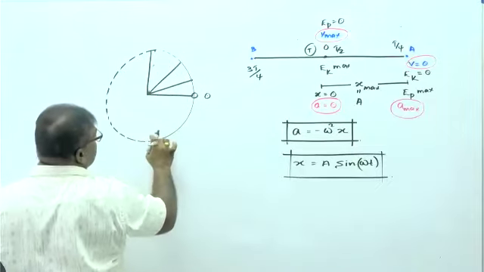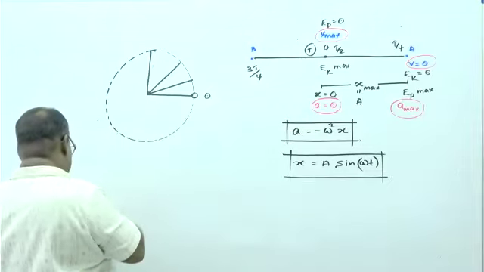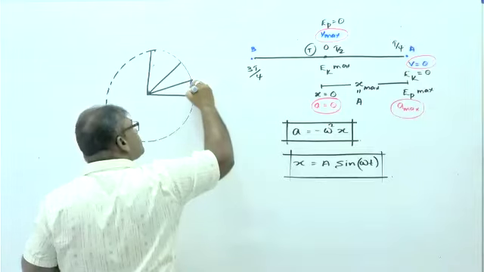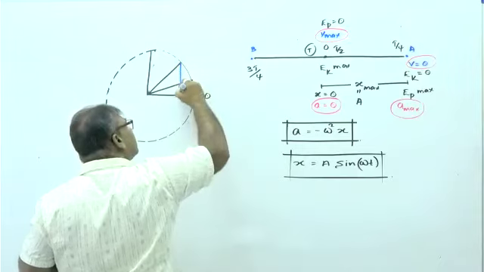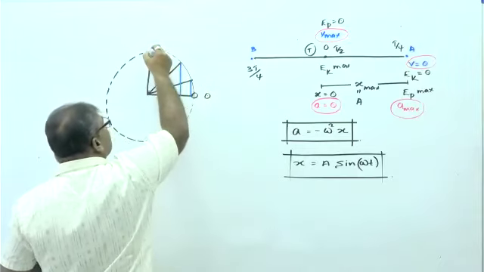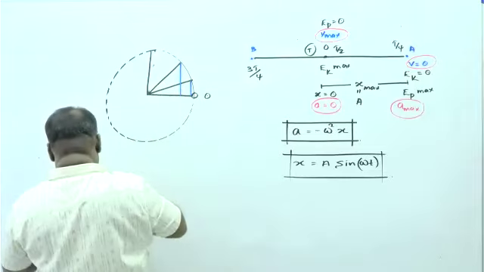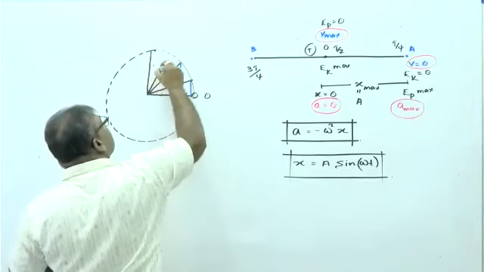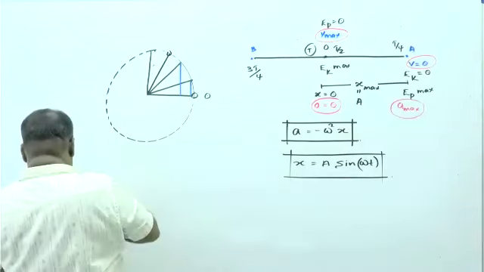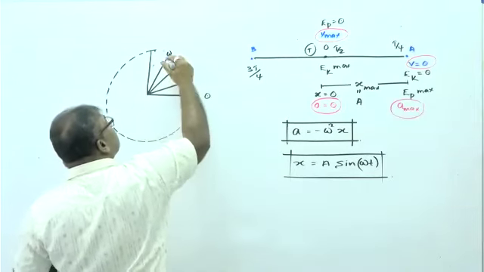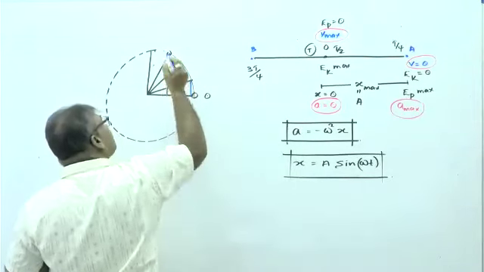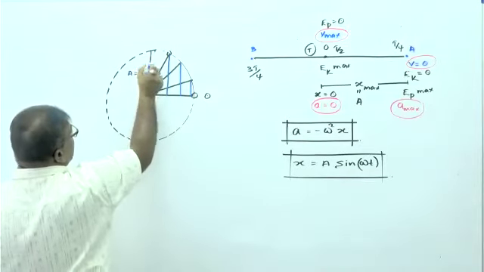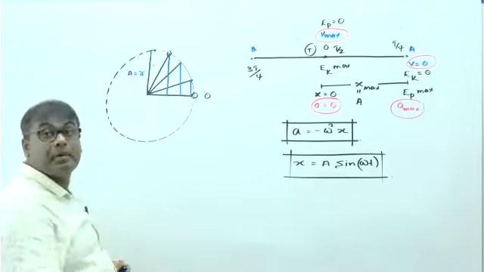Then you can identify the vertical displacement of this simple harmonic motion towards this side, right? From here to here. And the particle is at another location right here. Vertical displacement changes like this now. And here it becomes maximum, and the amplitude is equal to the radius of the circular path, right?